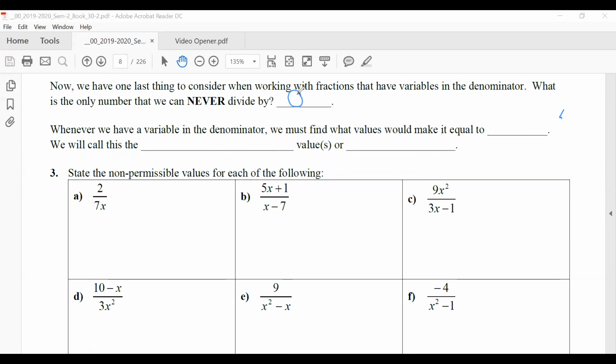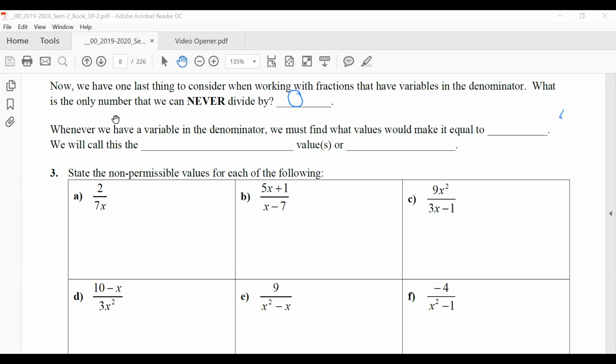That's 0. It doesn't make sense to divide by 0. If you want to think of division as breaking things up into pieces, if I had a chocolate bar and I wanted to break it up into 0 pieces, that really doesn't make sense. If I have a physical object, I can't break it up into 0 of something. So that's why we can't divide by 0.